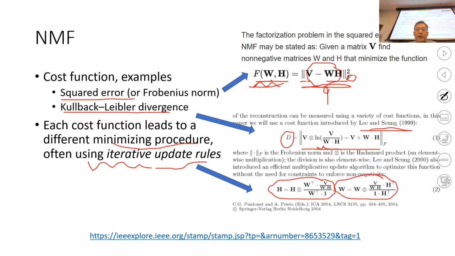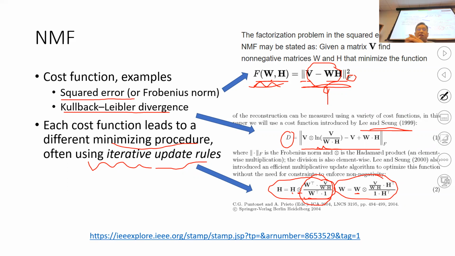This rule tells you that in the previous step you have H and W, so you can initialize these two matrices using random numbers, and you keep updating by computing this term, then doing this element-wise multiplication, updating values in H and passing them to the next iteration.